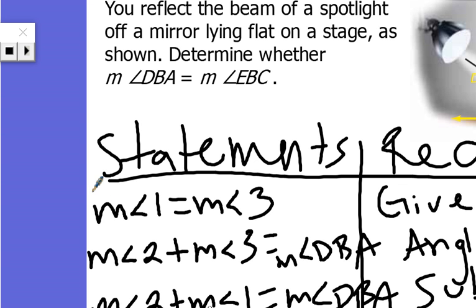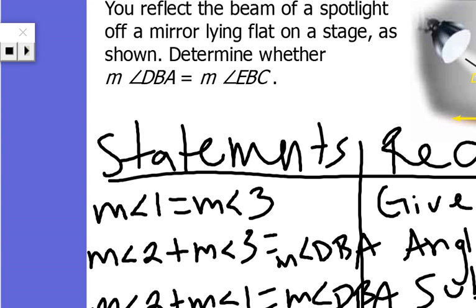We have made the claim that the measure of angle 1 plus 2 equals DBA, and we've also made the claim that EBC equals the measure of angle 1 and the measure of angle 2. The only way this works is if what? Finish that statement off. Hopefully you see that the only way this works is if the measure of angle DBA is the same thing as the measure of angle EBC. So think about it.